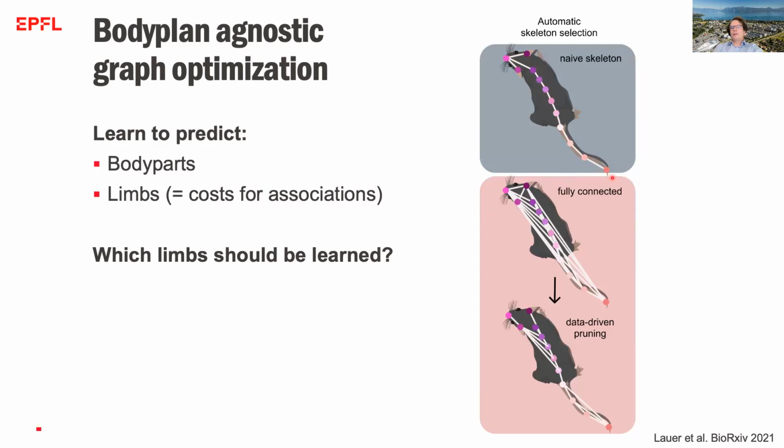But as you can imagine, if you were to, for example, predict those key points on the mouse that you can see up here, then there are lots of skeletons that a user could define in order to perform multi-animal pose estimation. And it's maybe not apparent which skeleton is the best one.